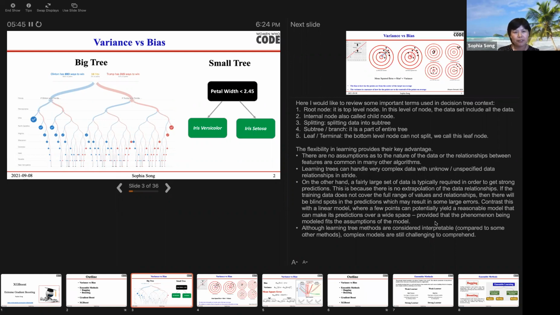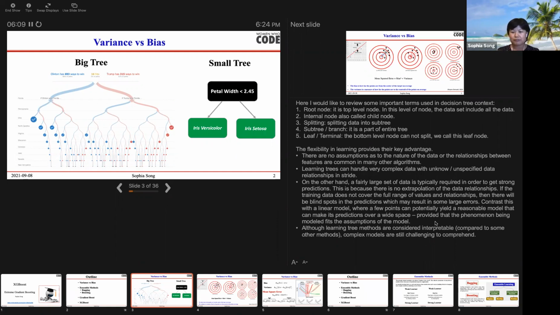In contrast, other algorithms like the linear regression model, if they only use several points, they can build a model and then can potentially yield a reasonable model that can make predictions over a wide space. So that's one limitation for the decision tree.